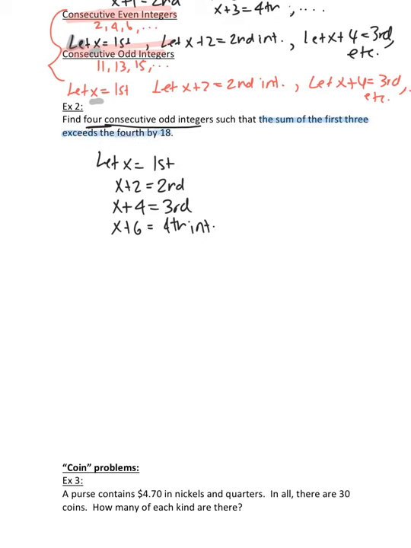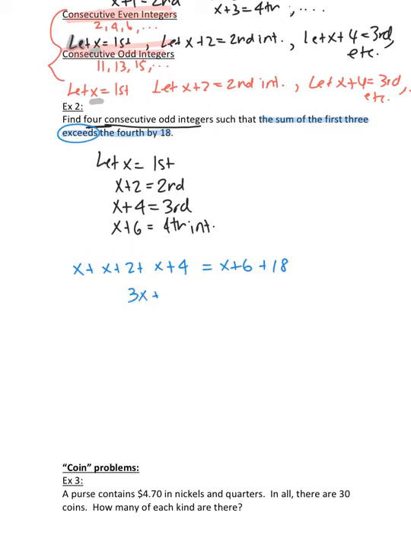Such that, and then the equation is described after the term such that: the sum of the first 3 exceeds the fourth by 18. So I'm going to translate what it says. The sum of the first 3, meaning I'm going to add the first 3 integers. So x plus x plus 2 plus x plus 4 exceeds the fourth by 18. Exceeds means that it is more than. So if the sum of these is more than the fourth integer by 18, then I add 18 to the right side to make them equal to each other. And then I solve.